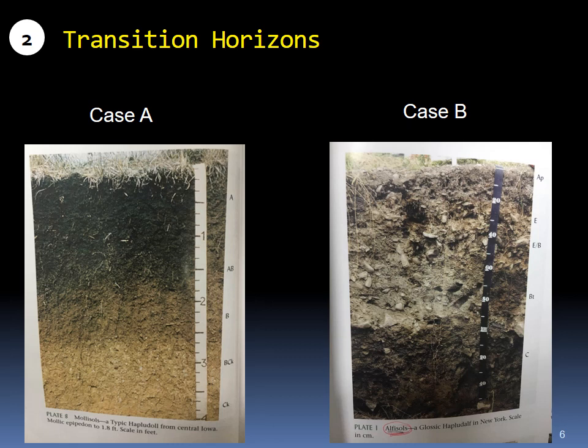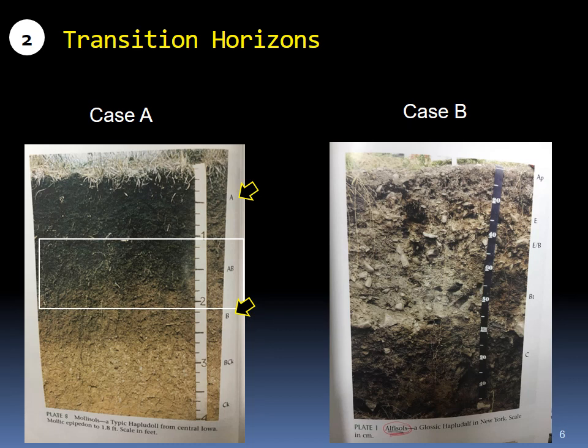Now, I want you to pay attention to case A. In case A, you would see a profile consisting of different horizons. If we focus at the top, you would see that we have an A horizon, and then the second arrow points to the B horizon. But between these two horizons, A and B, there is something different.